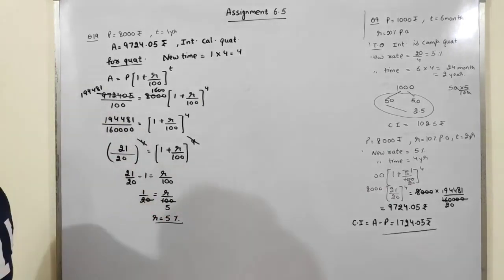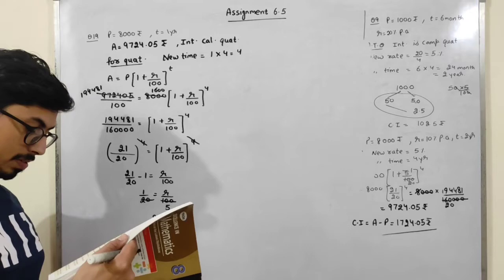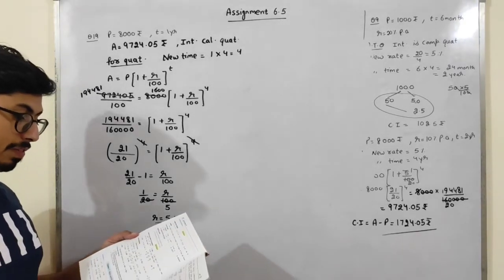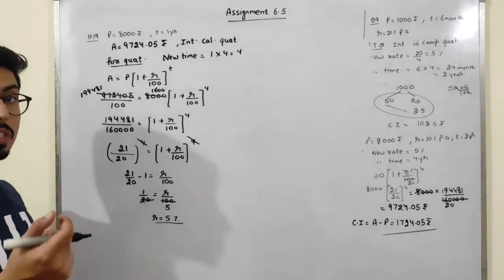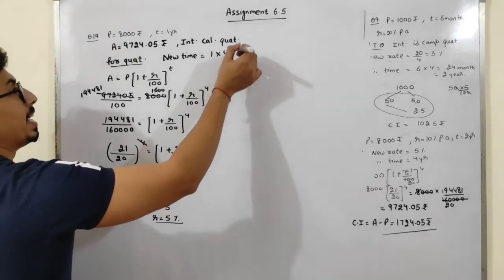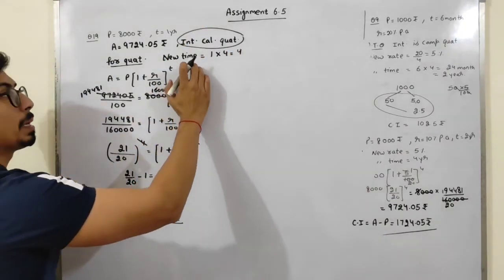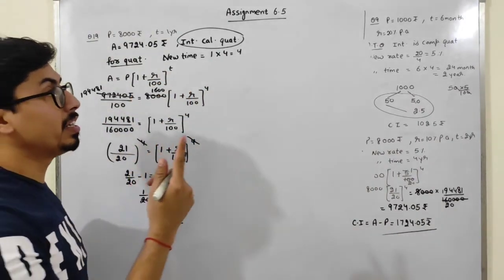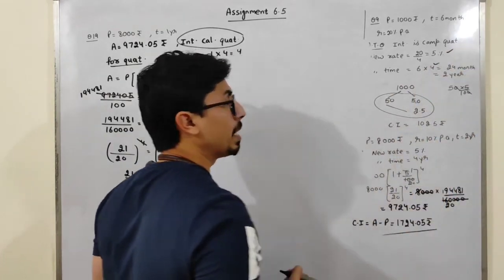But students, if you check the answer, let us check the answer. There is question number 19 of 6.5. See, the answer is 20%. See, because students, the interest is calculated quarterly. That means we have already multiplied the time by 4. And in quarterly what we did, students? Multiply the time by 4 and divide the rate by 4.